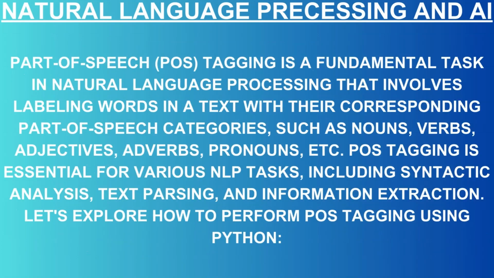Part of speech (POS) tagging is a fundamental task in natural language processing that involves labeling words in a text with their corresponding part of speech categories such as nouns, verbs, adjectives, adverbs, pronouns, etc. POS tagging is essential for various NLP tasks including syntactic analysis, text parsing, and information extraction. Let's explore how to perform POS tagging using Python.